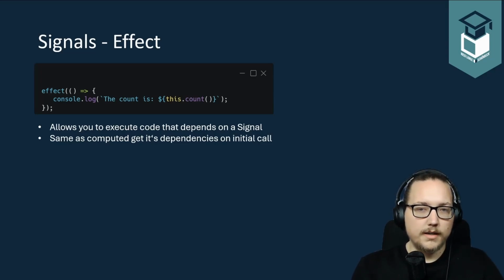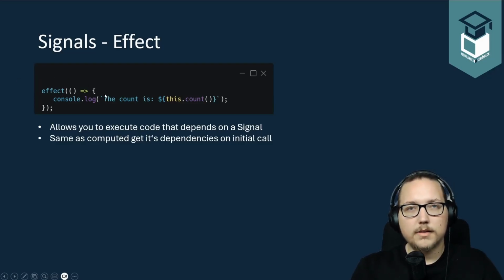The important thing here is that you should try to prevent setting signals inside of an effect, because that could lead to issues related to the change detection. But here you see that we have an effect and we provide a function. That's all. You do not get anything back from this.